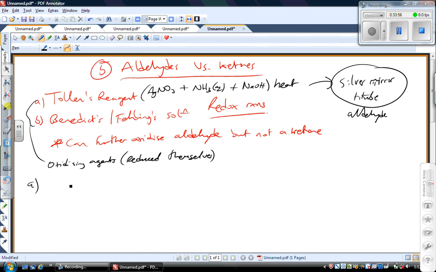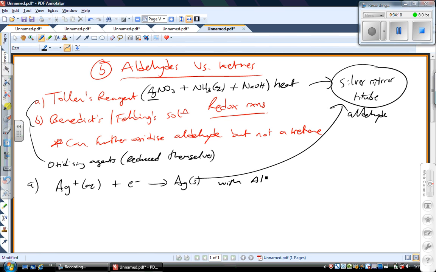So with Tollens', since the main species we're interested in is the silver, you have a silver ion which is reduced with 1 electron to form silver solid, and this is what contributes to the silver mirror, and that's with aldehydes, and nothing with ketones.